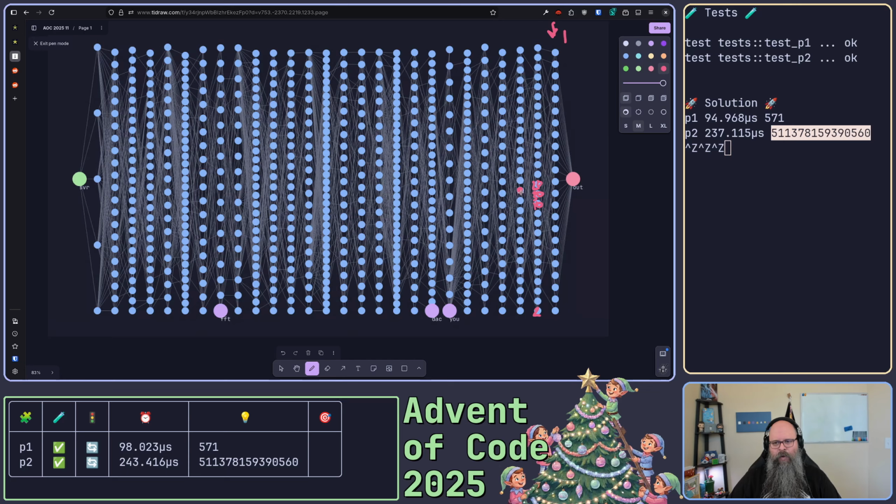Otherwise, like I said, what is the number of paths? Well, it's equal to the sum right here, right? The sum of the paths from each of the neighbors. So I get the neighbors of cur, and if they don't exist, obviously I return 0. There's no paths.